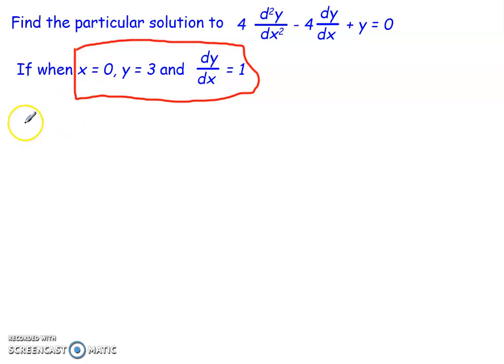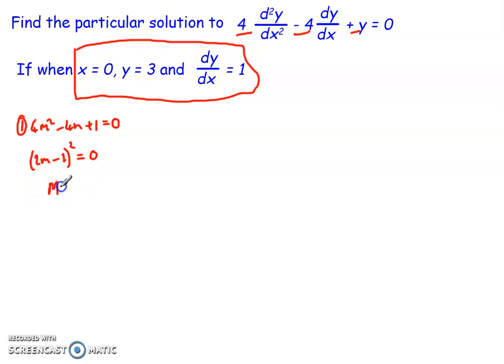So what we have to do is start off the same way we did before. Get our auxiliary equation. Now again, look at the coefficients of each part here. If I do that, I'll get 4m squared minus 4m plus 1 equals 0. What I can then do is factorise this, and I'll end up getting 2m minus 1 squared equals 0.